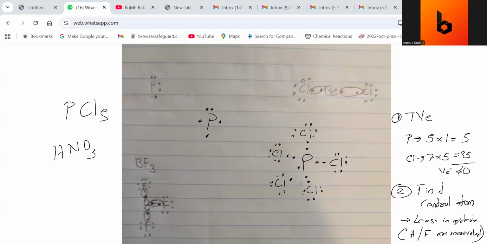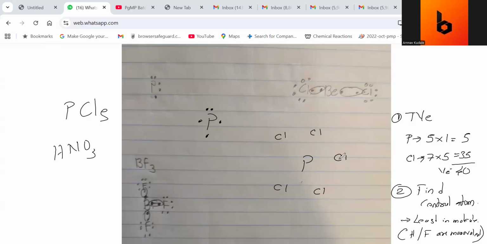So first is to calculate the total valence electrons. Second is to find the central atom. After that, third step, we draw the central atom first, and then surround it by the external atoms, five chlorines around it.